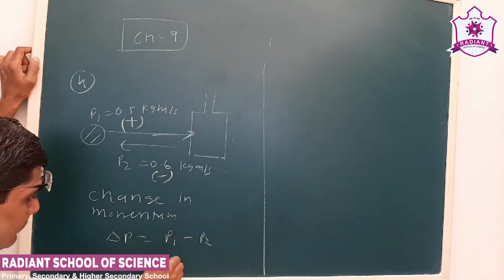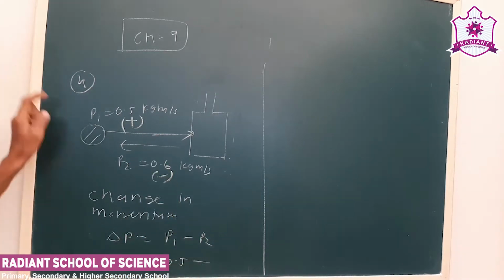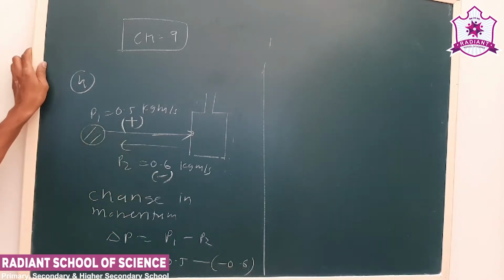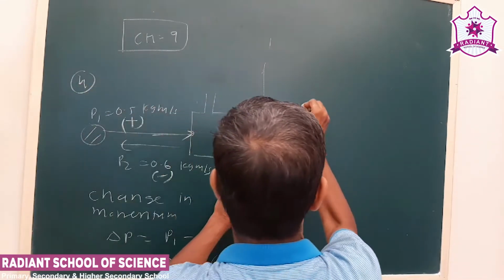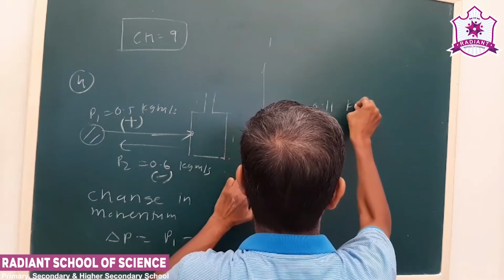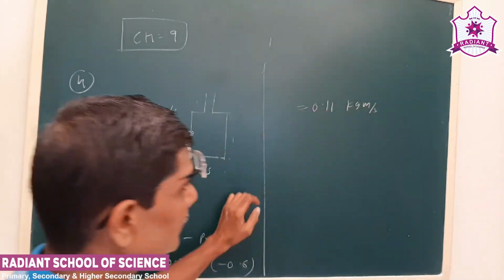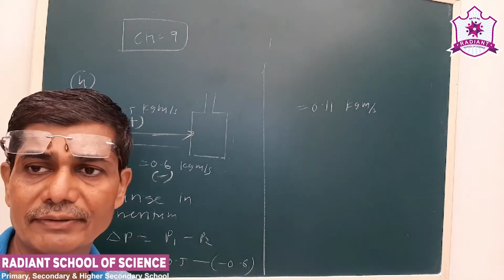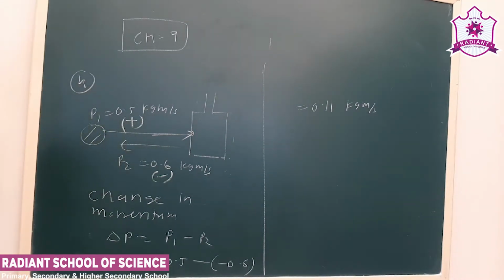See, P1 is 0.5 minus, and this is in the opposite direction, that's why we have assigned the sign. So this is the change in momentum. Now if the time interval is also given, we can calculate the force. Now see the next example.